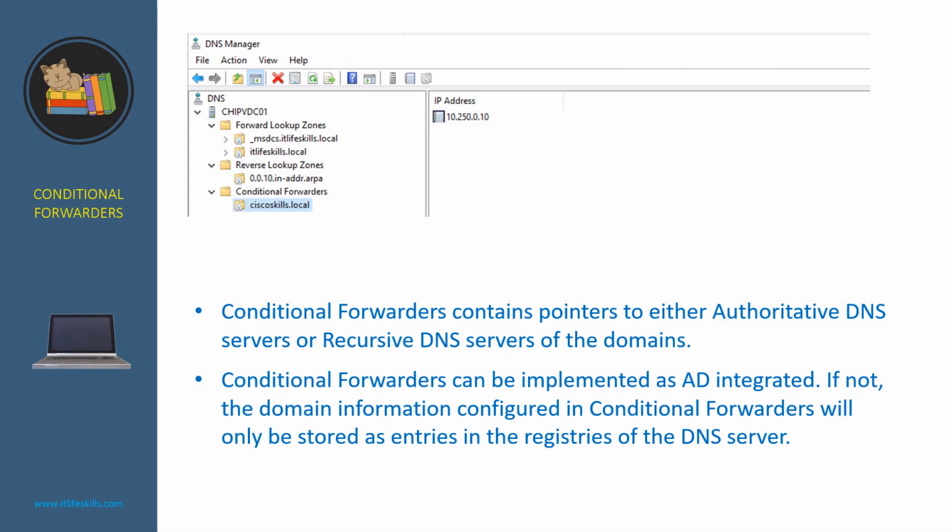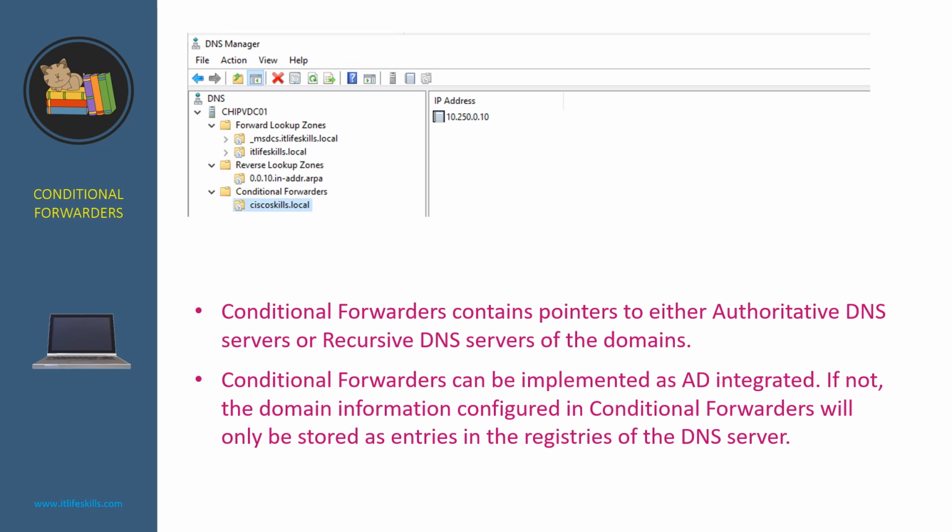Let's now learn about conditional forwarders. As you may know, conditional forwarders contain pointers to either authoritative DNS servers or recursive DNS servers of the domains. Conditional forwarders can be implemented as AD integrated. If not, the domain information configured in the conditional forwarders will only be stored as entries in the registries of the DNS server.